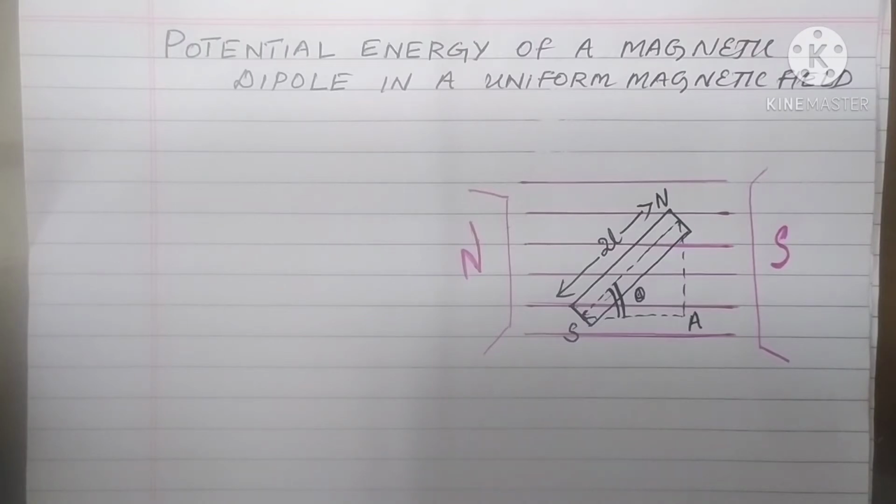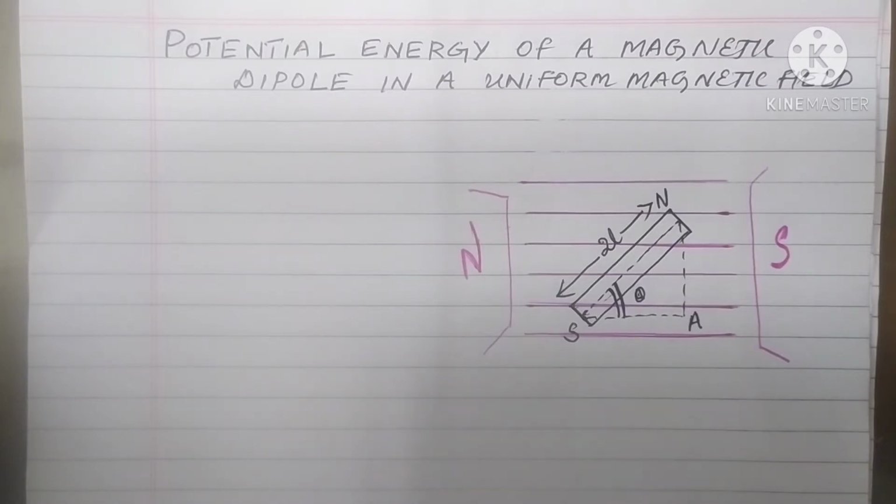But before moving to potential energy, you should be clear with the torque on a magnetic dipole which is placed in a uniform magnetic field. That portion is also deleted by the CBSE in our revised syllabus. But without knowing torque, you can't come to the topic of potential energy. So I am just mentioning torque here.